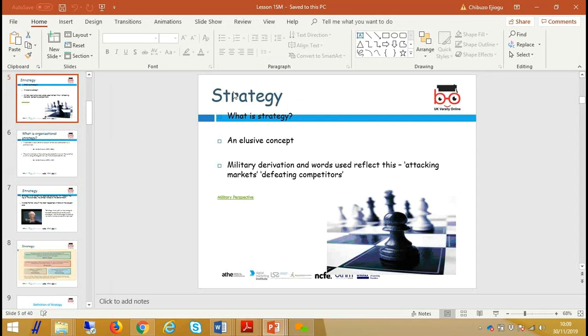It's sometimes an abstract concept in the sense that people use the word a lot, and we're not quite sure what they mean. Everybody has a personal strategy, everything is this or that strategy. But really it comes from the army, from the military. It's the difference between winning a battle and winning a war.